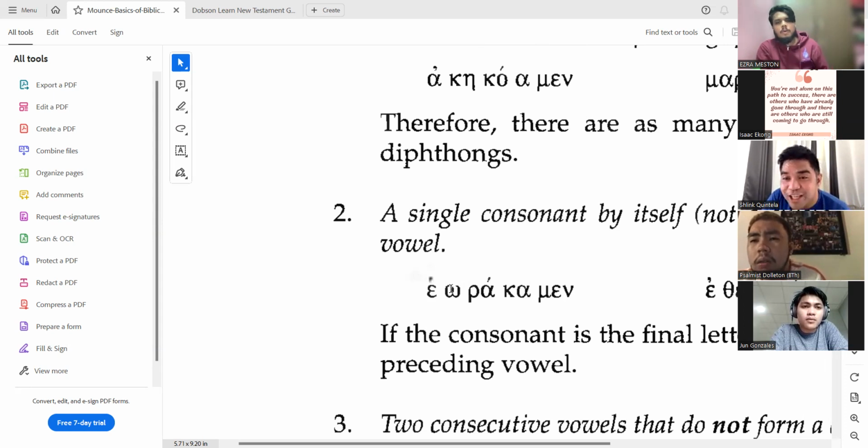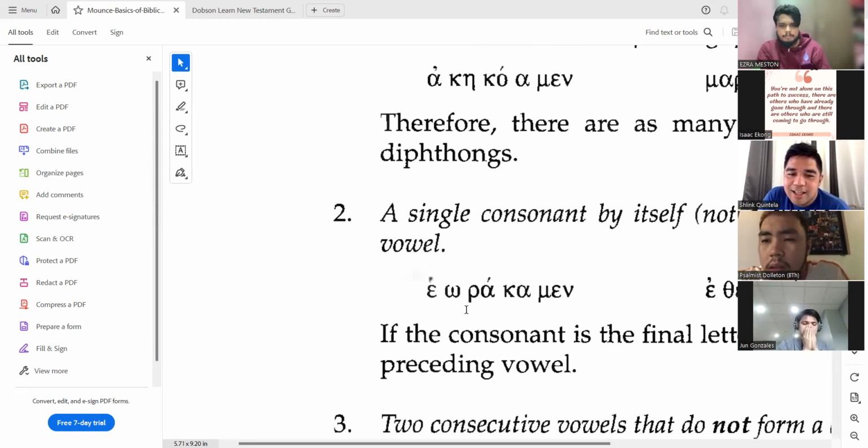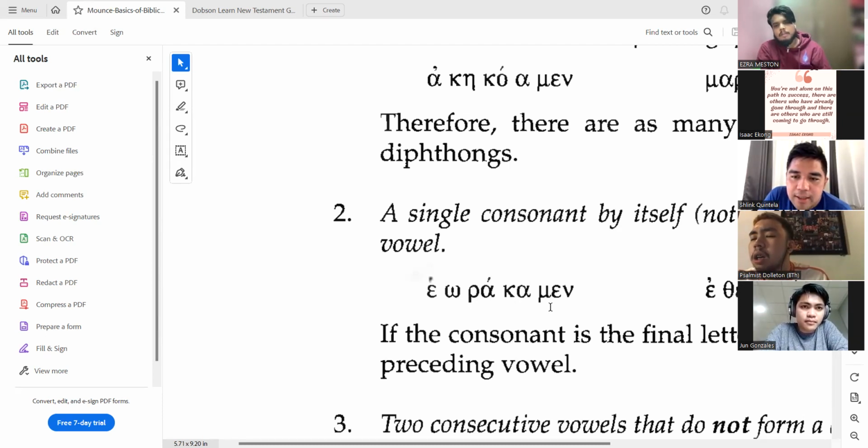Notice that William separated the epsilon from the omega. Ho-ra-o-men. Horomen. Okay?